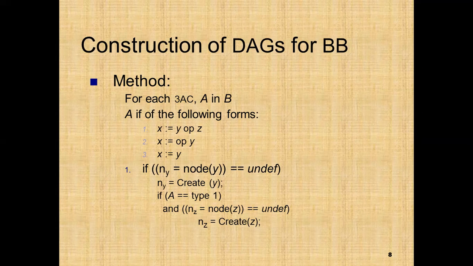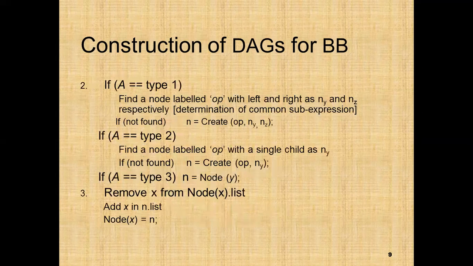Now we can easily construct our directed acyclic graph. So this is the algorithm for the construction of the directed acyclic graph, with type 1, type 2, type 3. So please remember this algorithm.